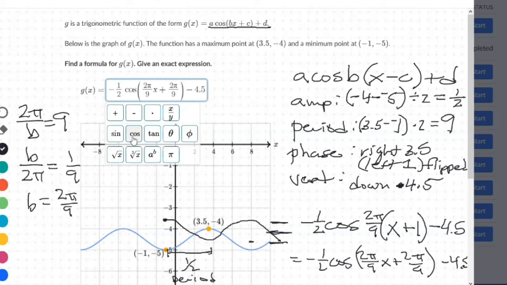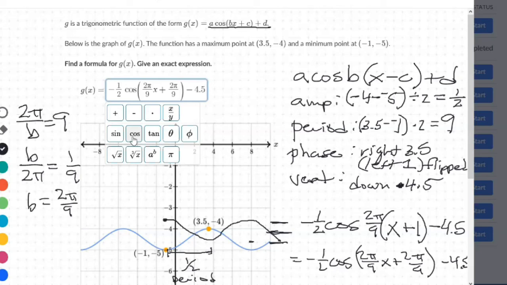Well, when you go to put it in, you have to do 2 pi over 9 times whatever your shift is, whether it's 3.5 or 1, and then you have to put it into exact form because it wants exact form. It's easier if you just do the times 1 because that's just 2 pi over 9. Oh, absolutely. I understand now.